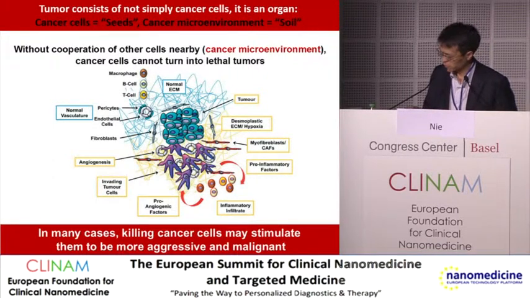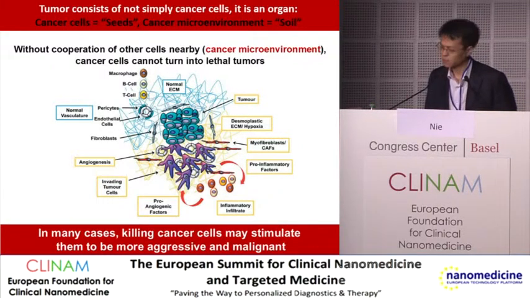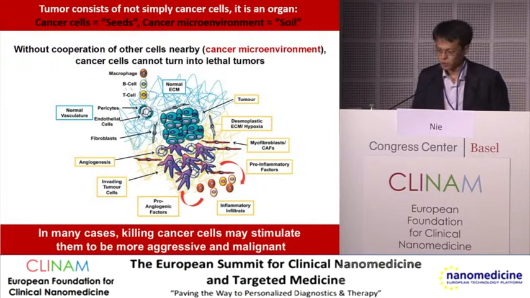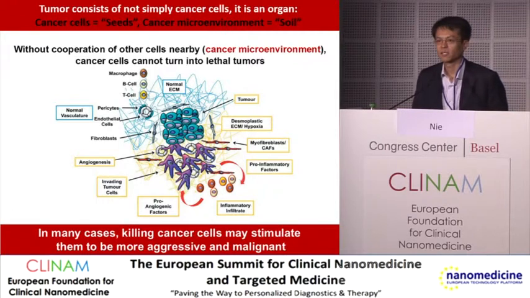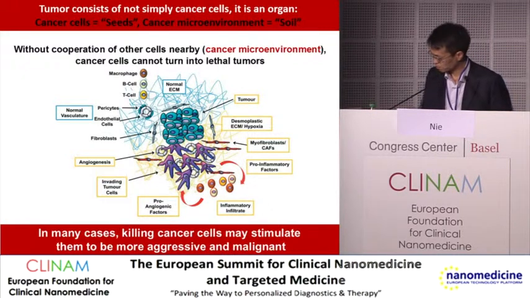But there's also a very early hypothesis, back to the 18th century, that tumors are not just single tumor cells; they also have surrounding stromal cells, and together it is an organ, not single cells.